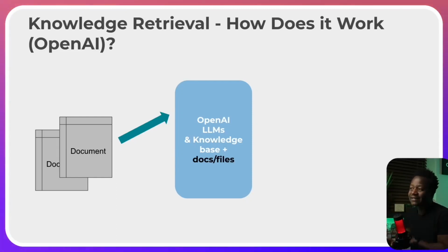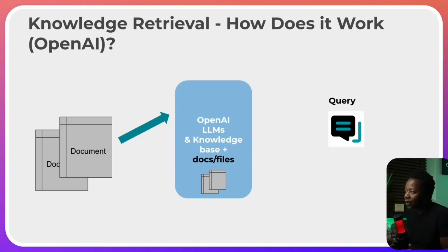When we pass these documents in, those documents or files are now part of the large language model's knowledge base. That's the whole idea. So when we query or ask questions to the model, which now understands more than what it knew before because we've passed more knowledge, we can get the answers.